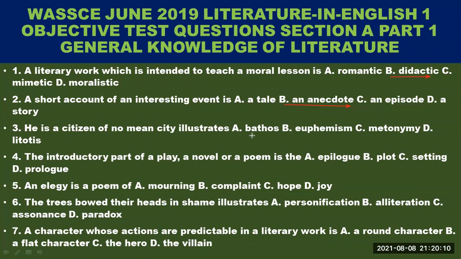Well, it's not bathos, because when we talk of bathos, we are referring to a sudden change in speech or writing, when you find a style of writing where something very important or serious is being discussed or portrayed, then all of a sudden there is a change from that very important and serious note to something almost ridiculous, all right?